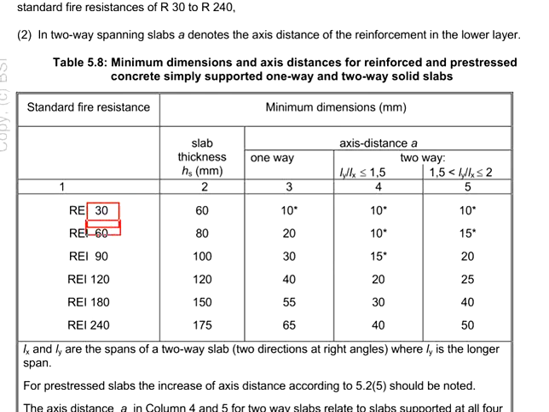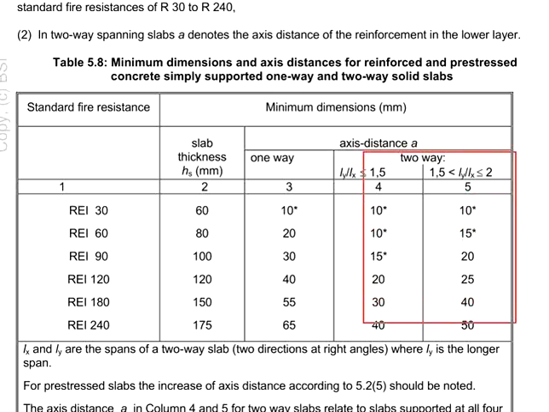Half an hour, 1 hour, 1.5 hours, and so on and so forth. The minimum thickness of the slabs is given here. The higher the fire rating, the thicker the slab required. And then we have 3 columns here. This is one-way slab and this is two-way slab.